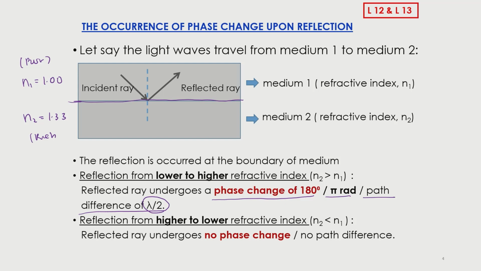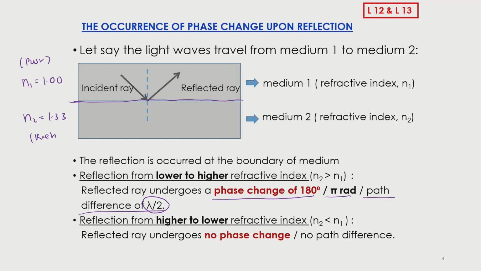If you want to become rich, you must change. If you must change, the analogy is the same. The reflected ray undergoes a phase change of 180 degrees when the reflection is from lower to higher refractive index. Okay, that's for the case of lower to higher refractive index.